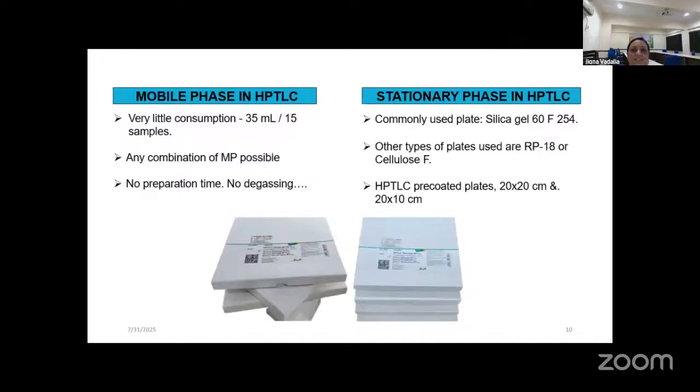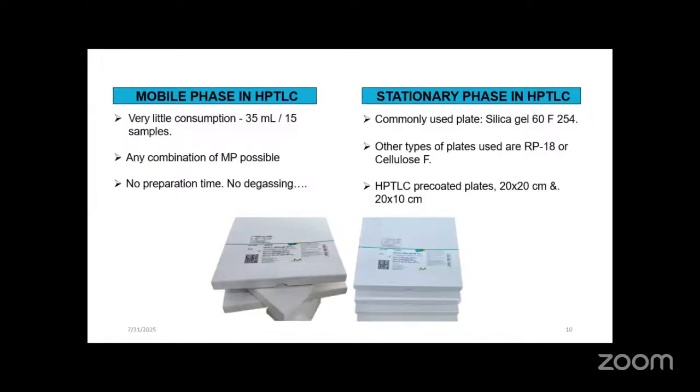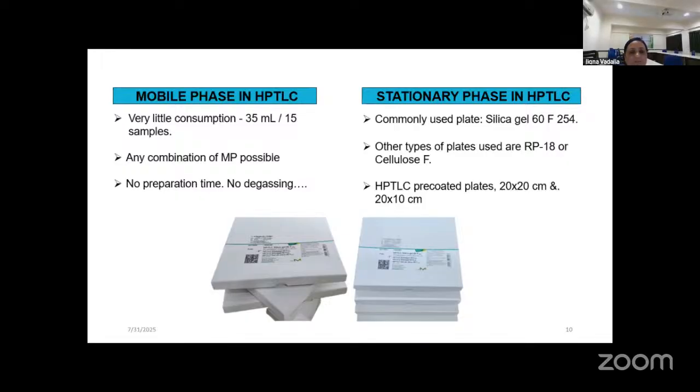And the second stage is stationary phase and mobile phase. Mobile phase preparation is also easy, because here there is no degassing or filtration like in HPLC. Just mix the solvent.